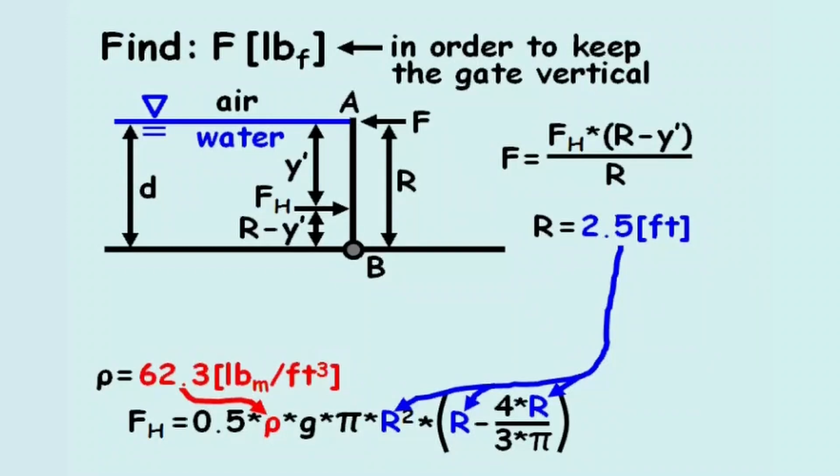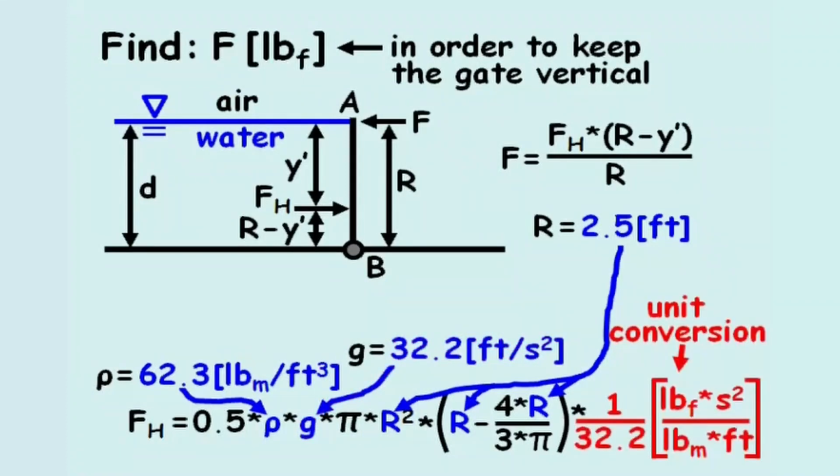And on planet Earth, the gravitational acceleration constant, g, equals 32.2 feet per second squared. Also, we'll multiply this value by a unit conversion. This makes the hydrostatic force equal to 880.1 pounds force.